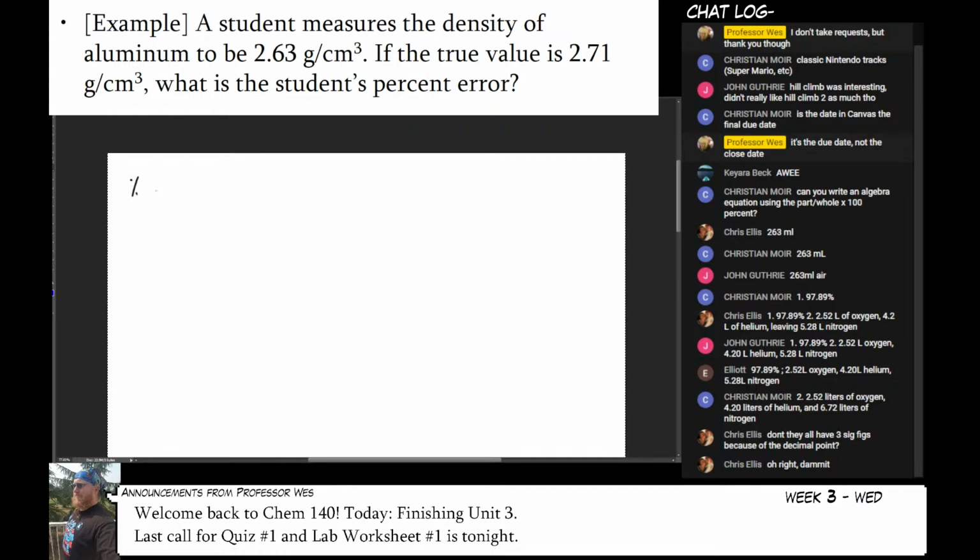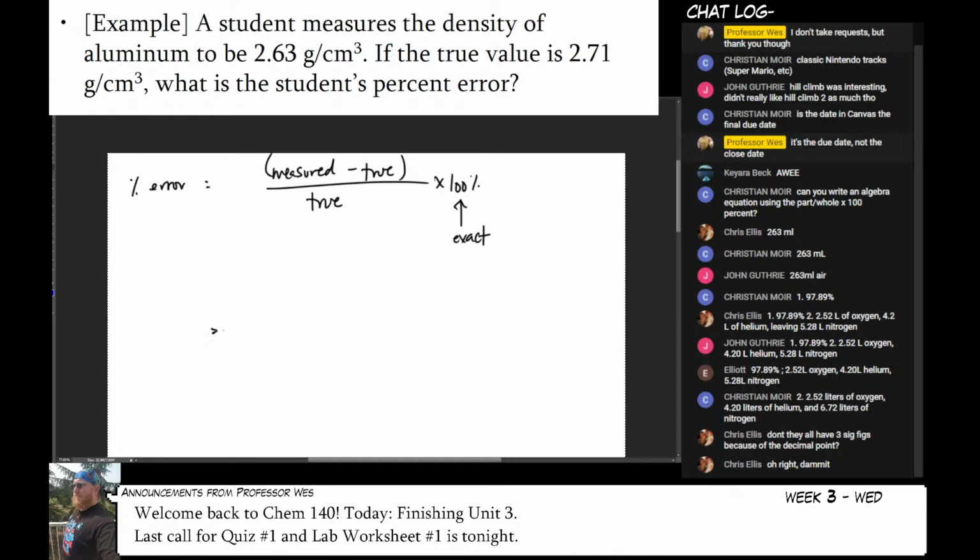So percent error is measured minus true divided by true times 100. And it's not 1 because I got 100 here. 100 is exact. So let's enter these numbers.